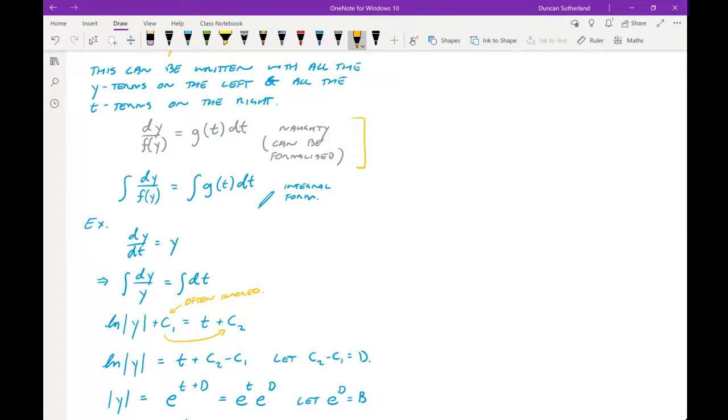Yep. So those integrations, like what you're integrating with respect to there, you don't need those there. Well, you do. You need to integrate the left-hand side with respect to y, and the right-hand side with respect to t. That's formally correct.